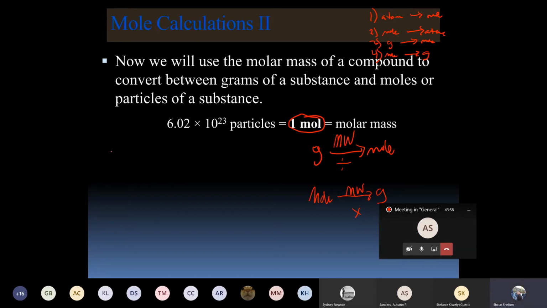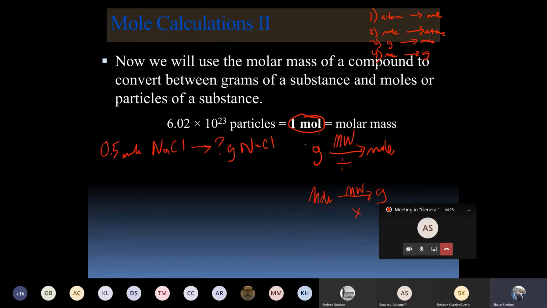Okay, so let's say we have 0.5 moles of NaCl, and I want to figure out how many grams of NaCl I have. So what I'm going to do here is look at my roadmap and figure out which one I'm going to use. I noticed that roadmap 4 is going to be the best match because it's going to go from moles to grams.